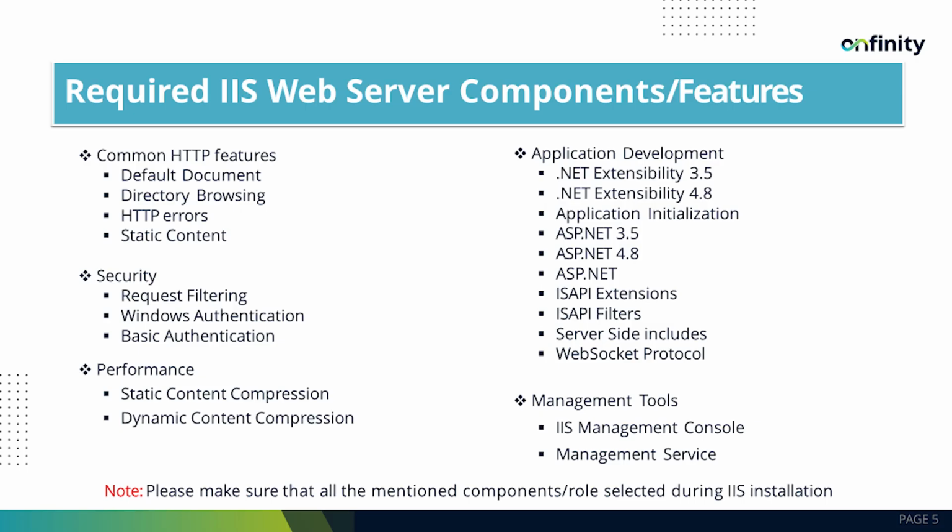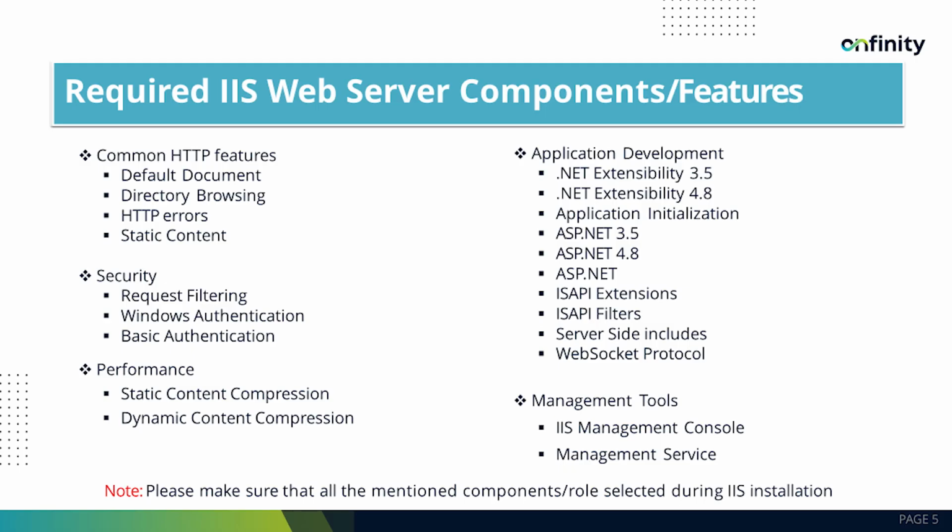While installing IIS, make sure all required roles and features are selected. This includes common HTTP features like default document, directory browsing, HTTP errors, and static content. For security, select request filtering, Windows authentication, basic authentication. For performance, select static content compression, dynamic content compression.